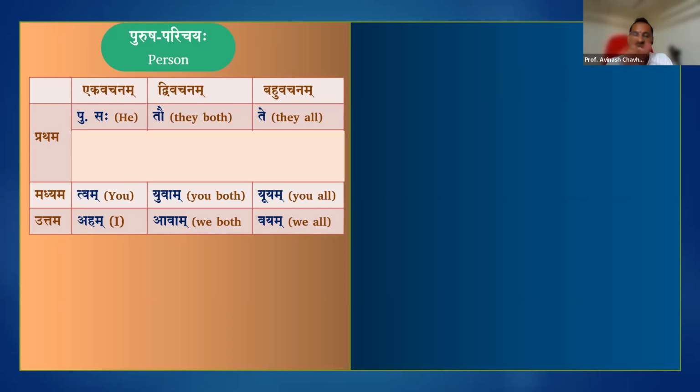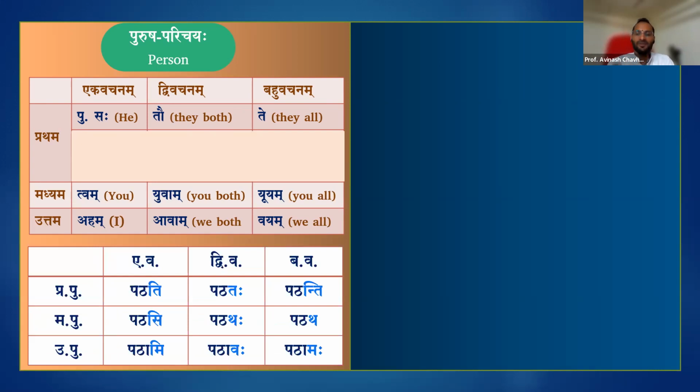Okay, so now these are pronouns. Rather than using nouns directly, we are going to use these pronouns first. So see, if you are going to use saha, you have to use it with pathati, ti pratyaya: saha pathati. If you are using patataha, you need to use tau patataha. In the similar way, if you are using pathanti, you need to use te pathanti.